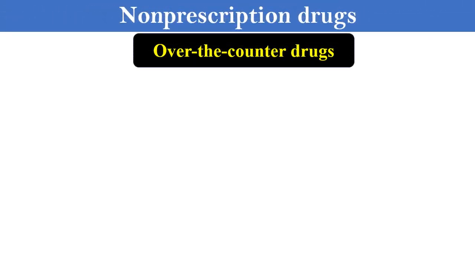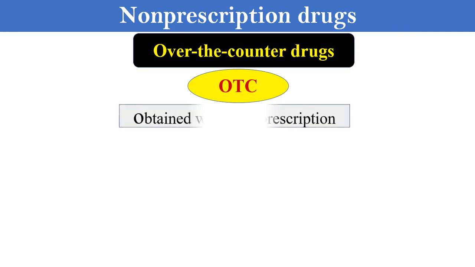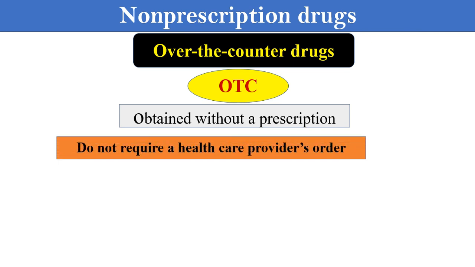Non-prescription drugs, we call them over-the-counter drugs, or OTC. The pharmacy can give it to you without a Rochette, without a prescription. As I say, it does not require a provider order.